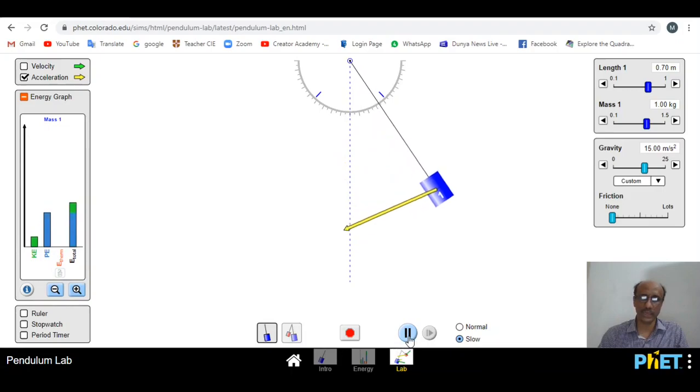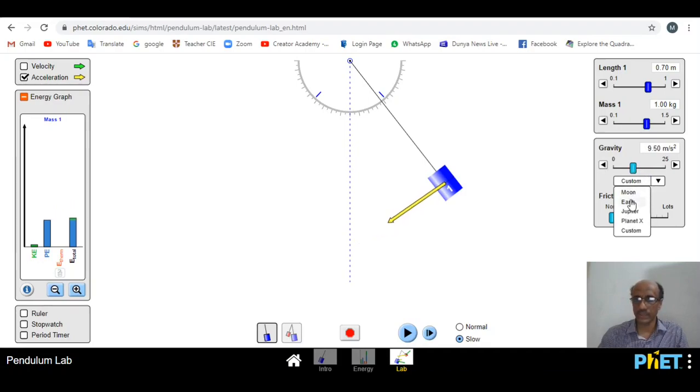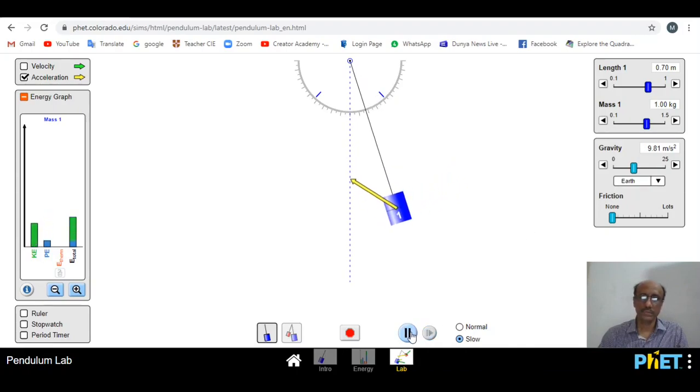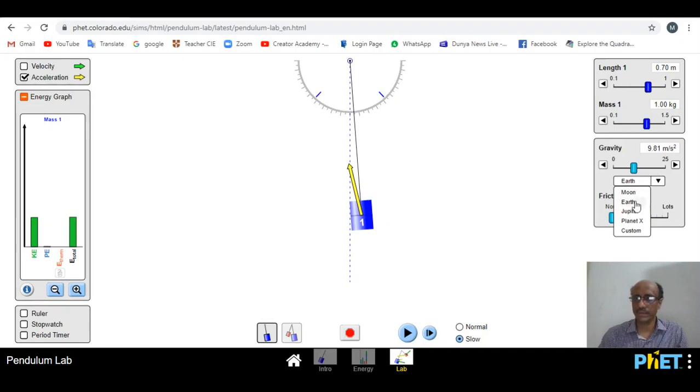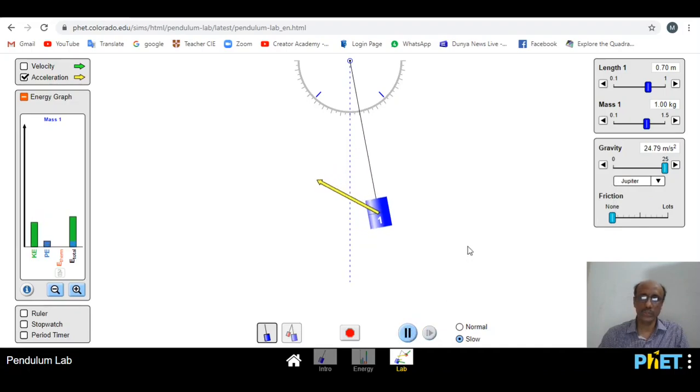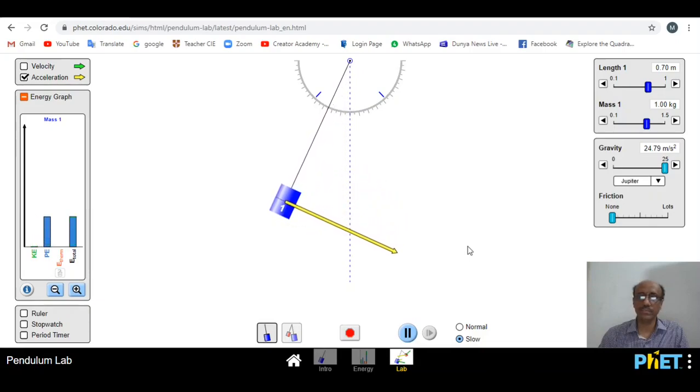Acceleration depends on gravity as well. This is the thing we have to observe here. If we move the gravity towards the surface of the Earth, then the acceleration will decrease. If we change the value of gravity, for example to the surface of Jupiter, and play it in slow motion, there is more gravity on Jupiter, so the value of the acceleration will be more.